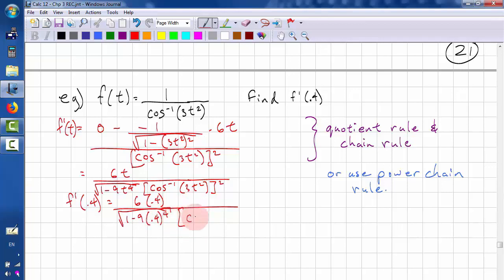And we have inverse cos of, we have 0.4 squared, that's 0.16 times 3 is 0.48, and squared. We can simplify this to 0.24 over square root 0.7696, and this doesn't simplify any.